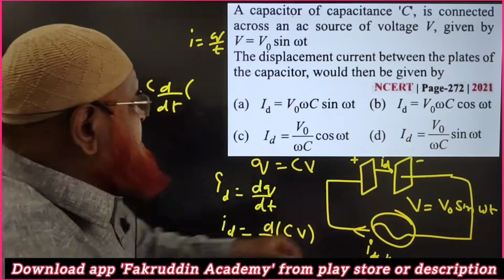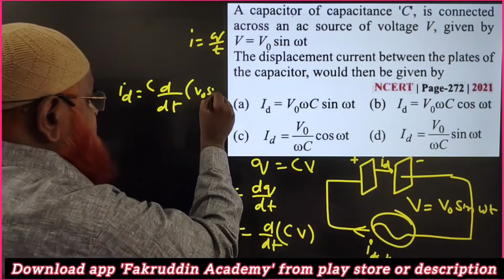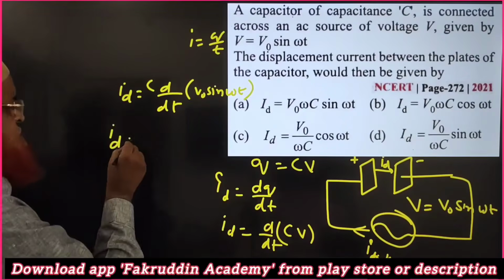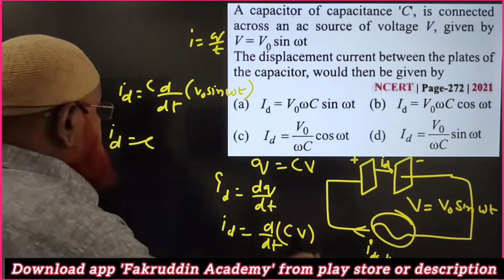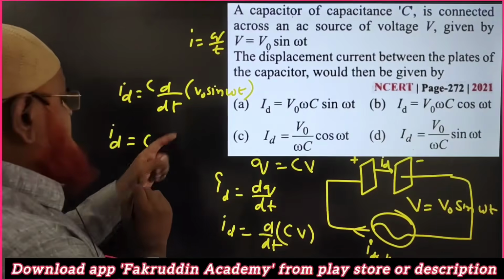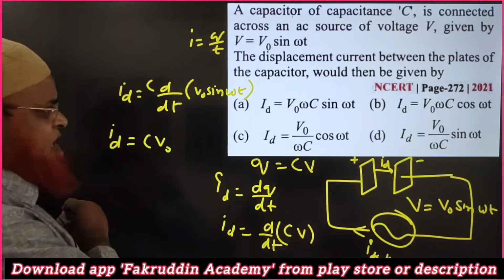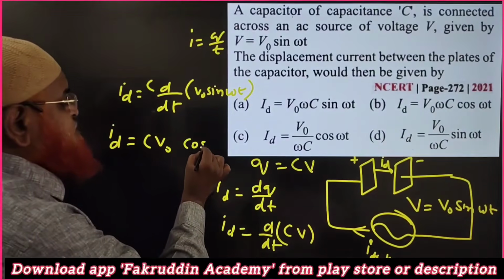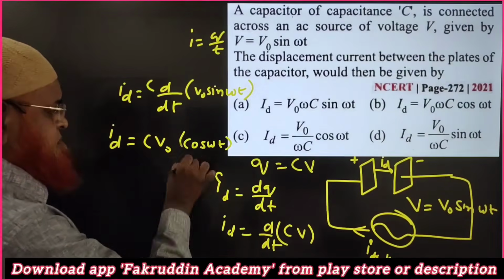Instead of V, you write V naught sine omega t. So C you write like that, and V naught you write like that. Sine omega t, if you differentiate, you will get cos omega t.